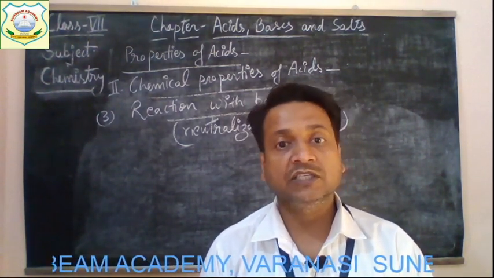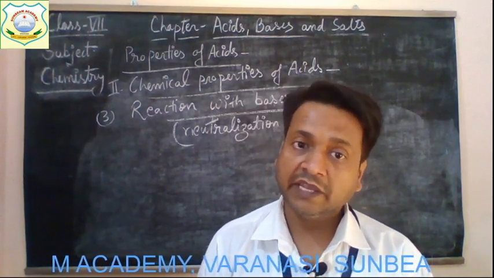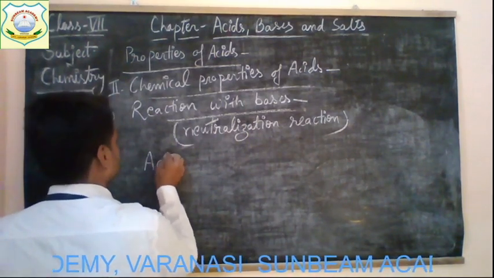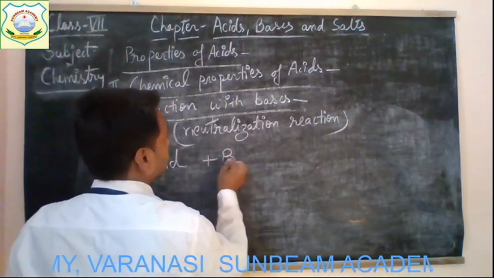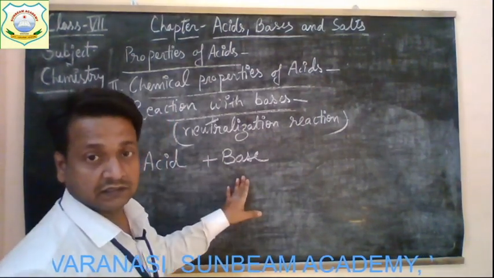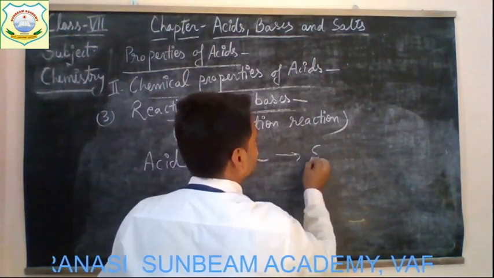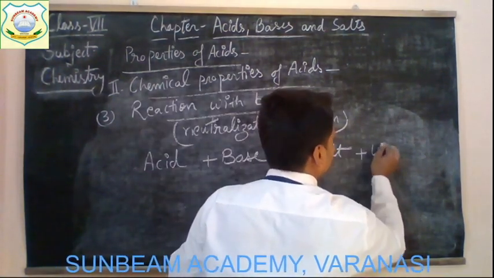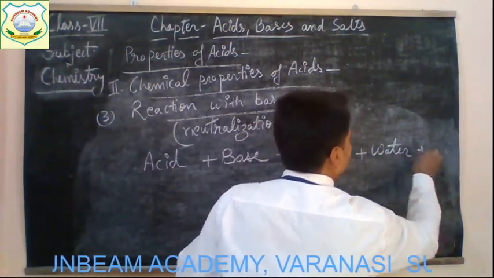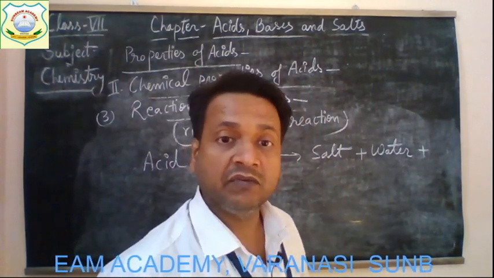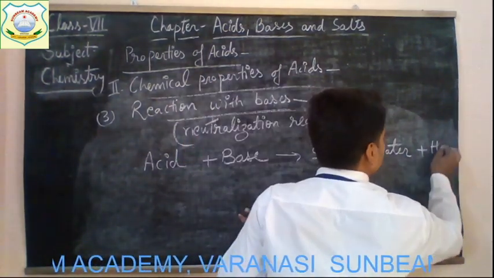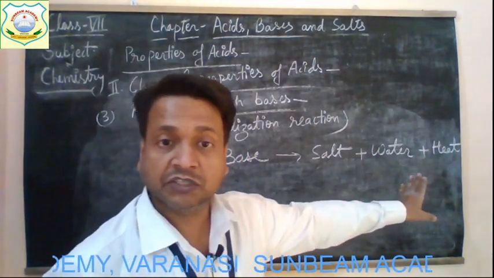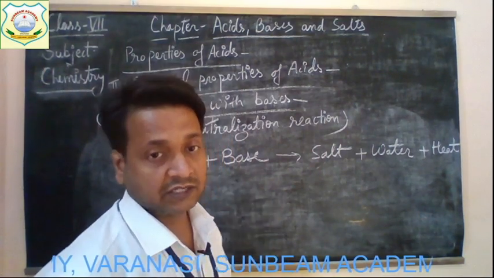Such reactions are known as neutralization reactions, and generally we can write it as: acid reacts with a base to form a salt plus water, and along with it heat will also evolve.